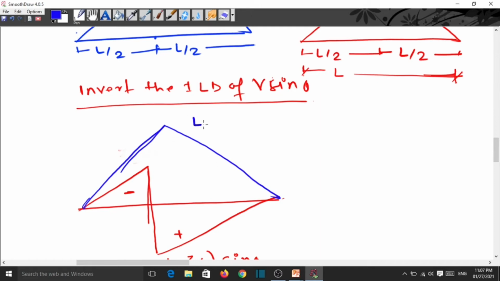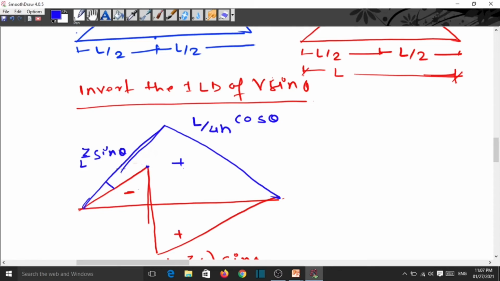So this is L by 4h into cos theta. Now this part is a plus, this part is a plus, and this part is a minus, and this minus is how much? Here, this ordinate is Z by L into sin theta.